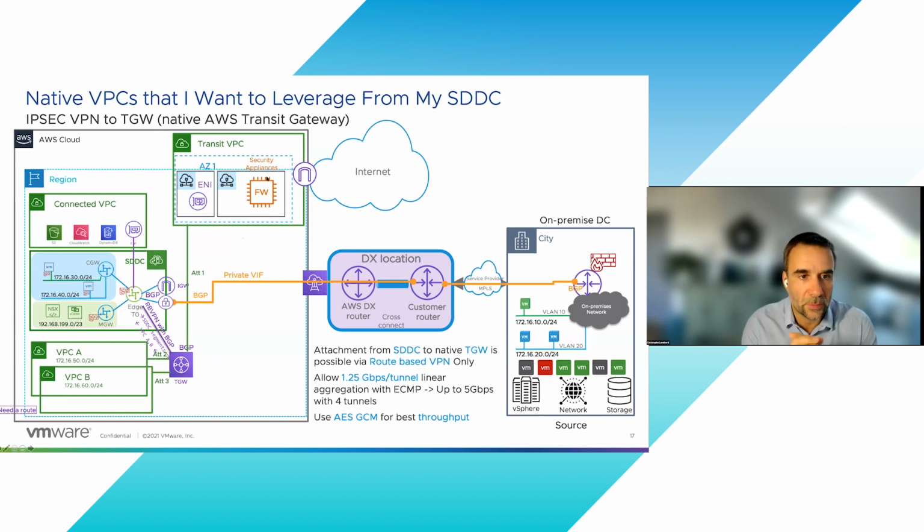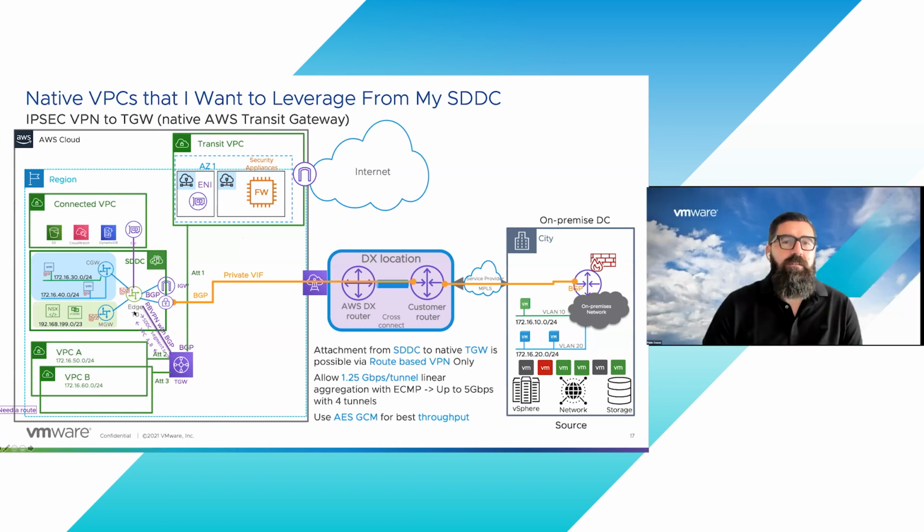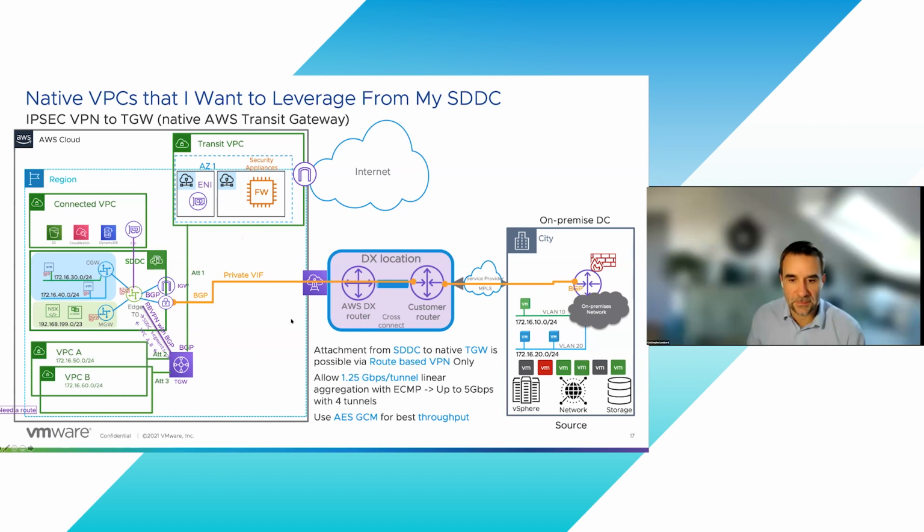This is probably something we are seeing when the customer is doing some kind of data center exit, having the security filtering devices in a transit VPC running on AWS to be able to protect all of the workloads running on the SDDC as well as the workloads running on each of the VPCs they had. Okay, so how is the traffic flowing from the compute gateway or our workloads to internet?